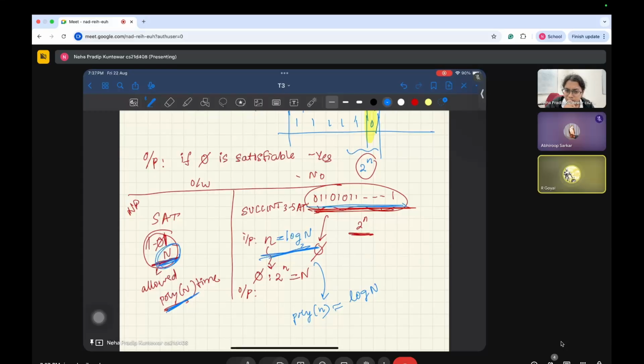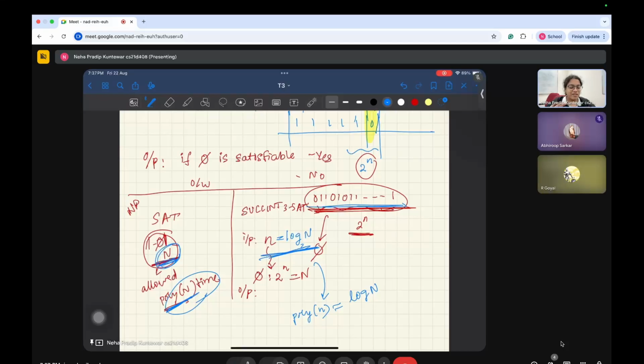Since capital N is exponential of the small n, the polynomial of the exponential of the small n would come out to be exponential of the small n.